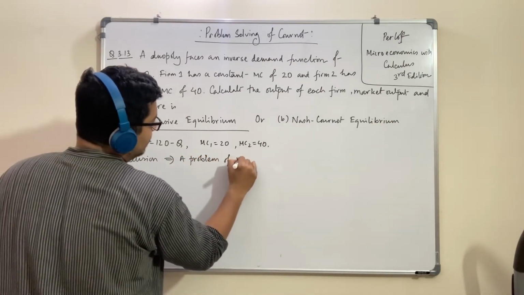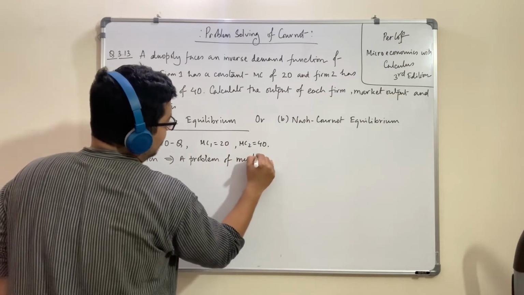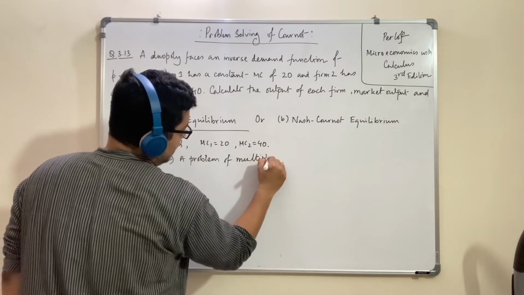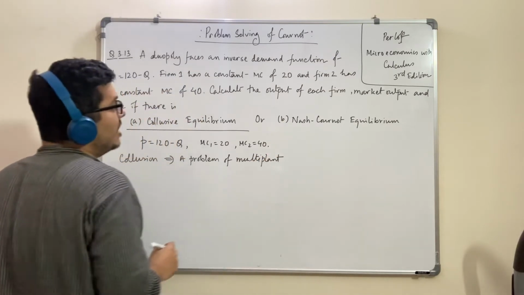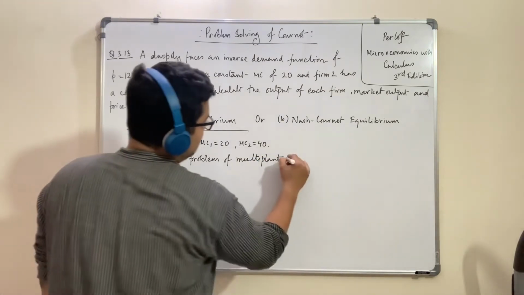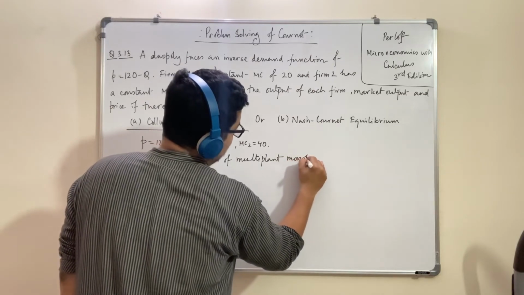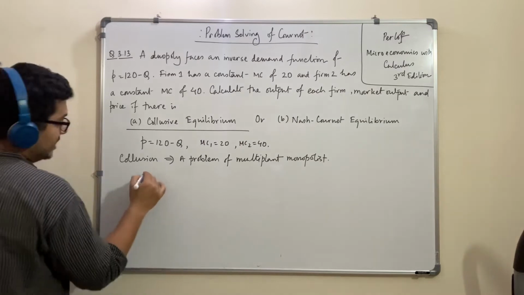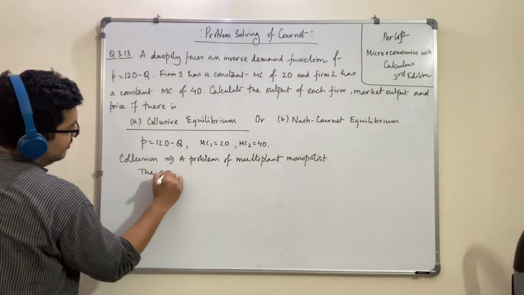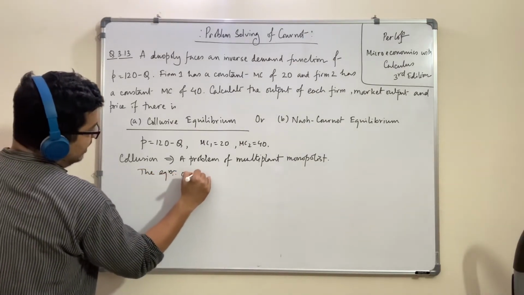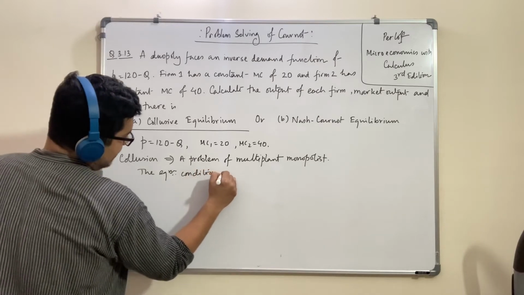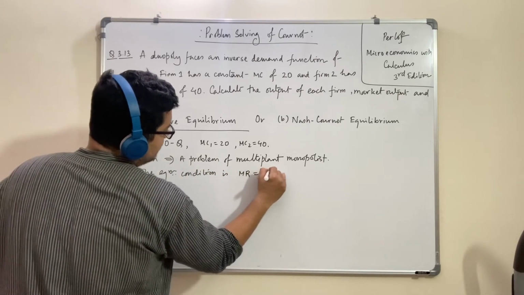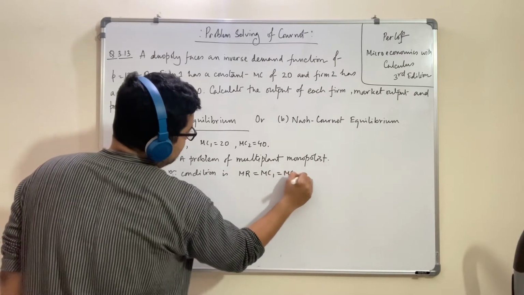So if there are two firms, we are going to imagine that as a single firm which has options of two plants, right? So multi-plant monopolist. Now, the equilibrium condition for a multi-plant monopolist is MR equal to MC1 equal to MC2.